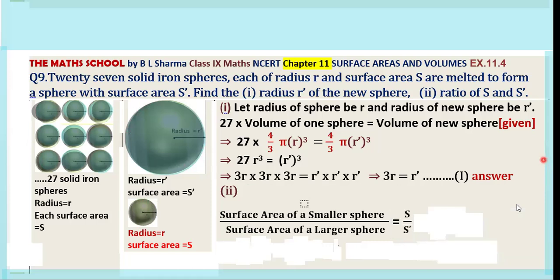So S upon S dash, because its surface area is S and the new one's is S dash, is 4 pi r square upon 4 pi r dash square. 4 pi and 4 pi cancel.